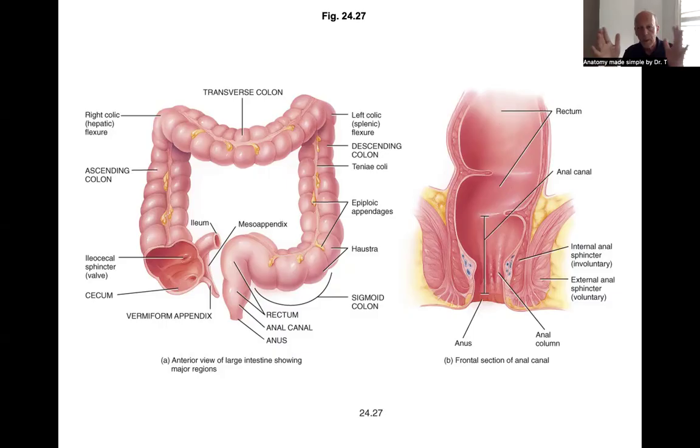Their contraction can significantly reduce the length of the large intestine, and this is particularly important for movement of the fecal material, which is having less and less water as it was almost entirely absorbed, and of course turning it closer to solid. It requires much more of a strength to move it along the terminal part of the large intestine.